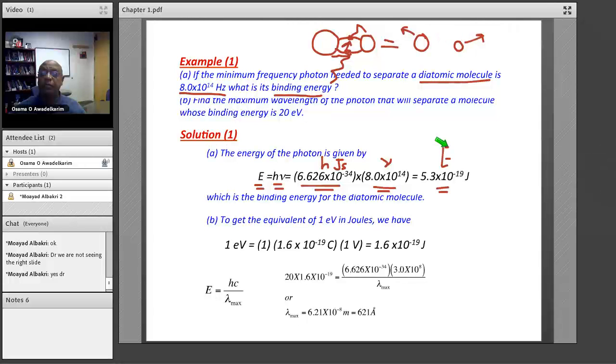So this should be the binding energy, because all this energy in the photon is given to the molecule to break it off. Okay?